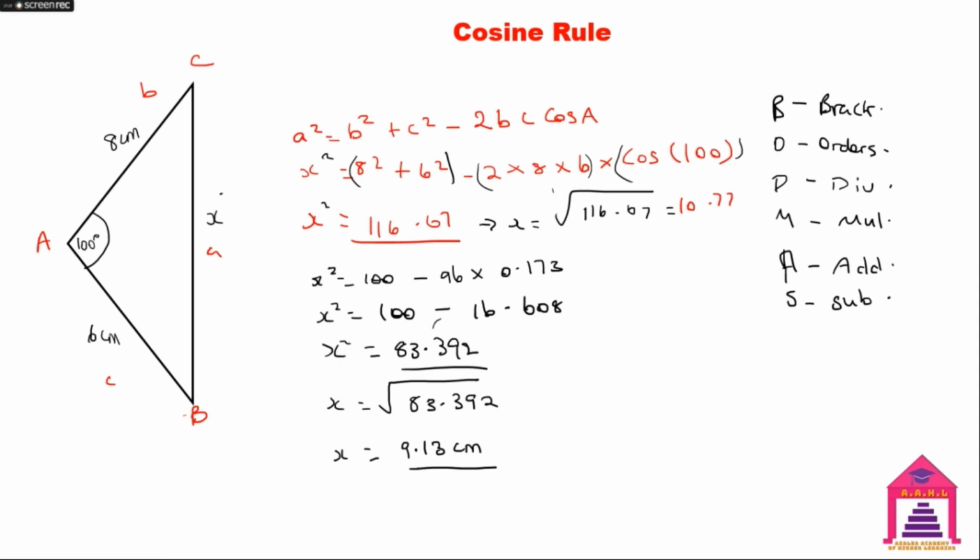So 8 squared plus 6 squared gives you 100. 2 multiplied by 8 multiplied by 6 is 96. And then you have plus 100.